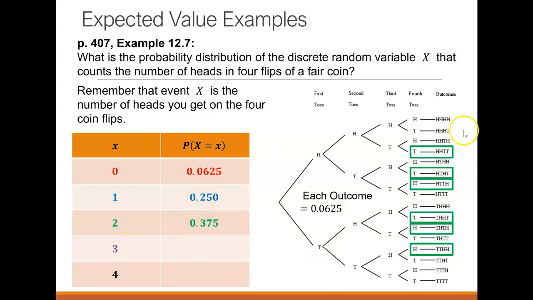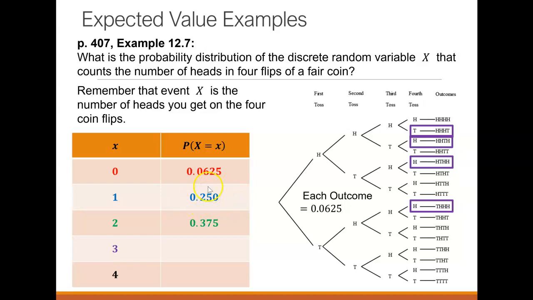Now I look for 3 heads. 1, 2, 3, 4 of those. So again, that was 0.25, the same thing as 1 head, because there were 4 ways to get 1 head. And then look for 4 heads. There's only 1 way to do that, and so that is just 0.0625 by itself.